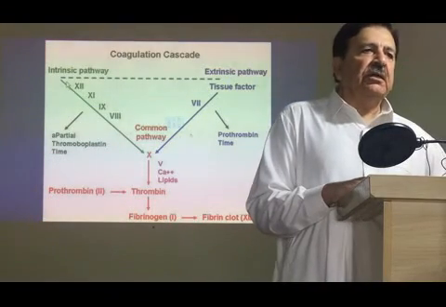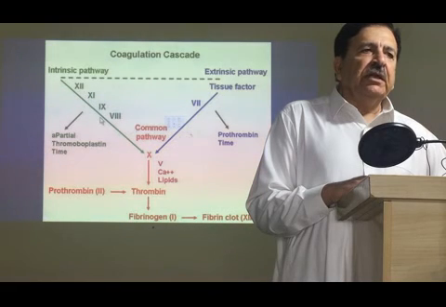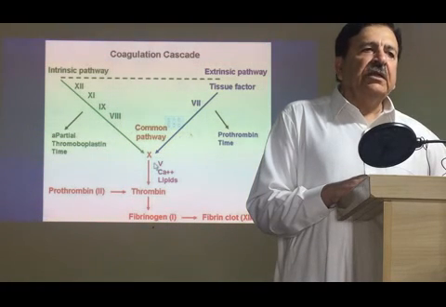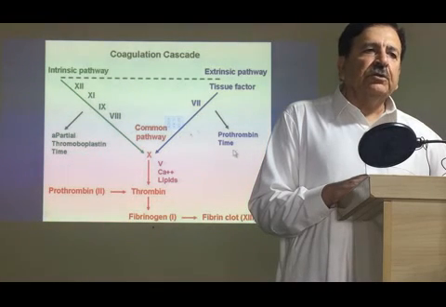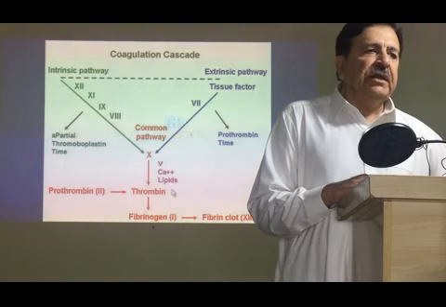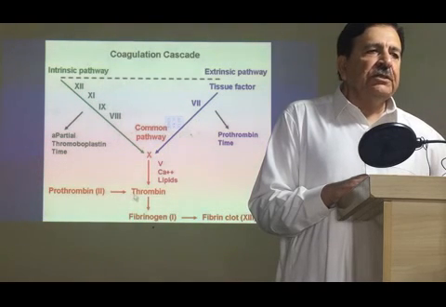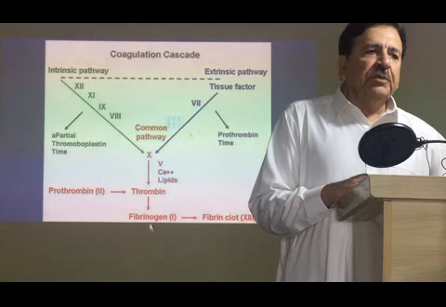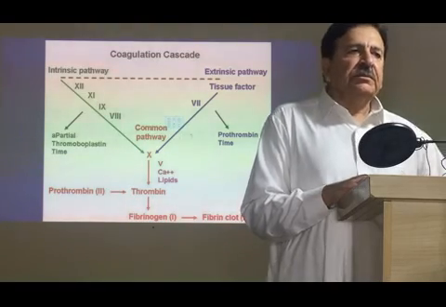This is a simple diagram: in the intrinsic pathway, first factor 12 is activated, then 11, then 9, then 8, and ultimately 10 is activated. Here tissue factor 7, and factor 10 is activated in the presence of factor 5, calcium and platelet phospholipid. Prothrombin is activated to thrombin, and thrombin converts fibrinogen into fibrin clot.